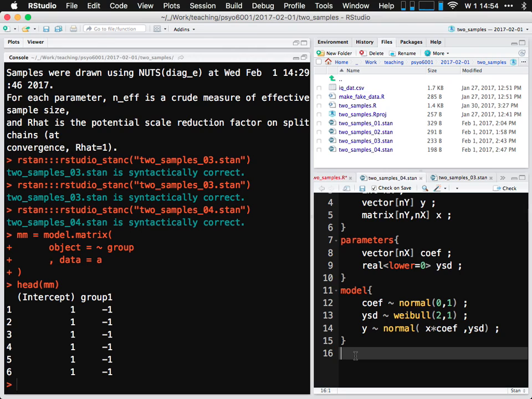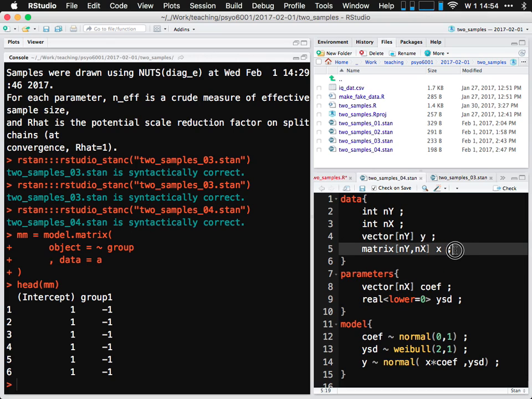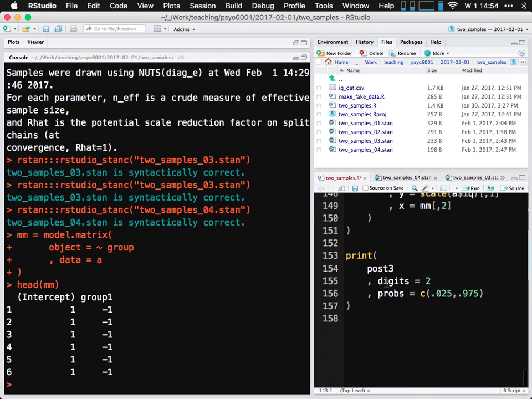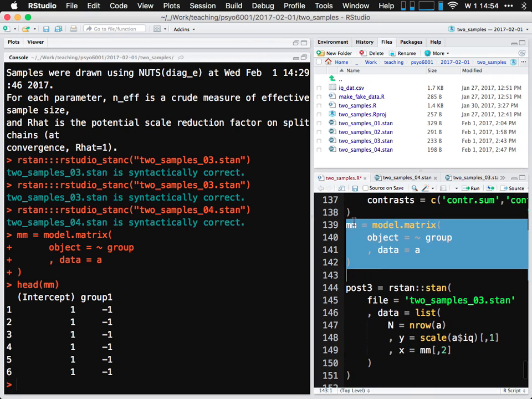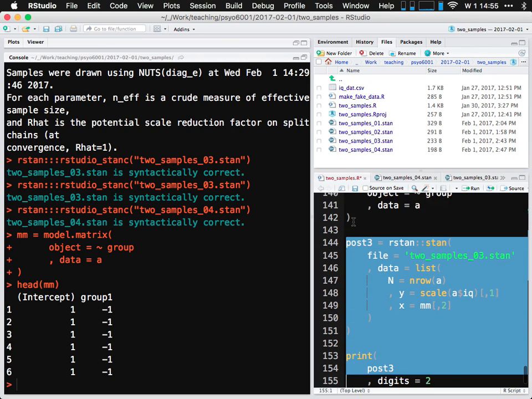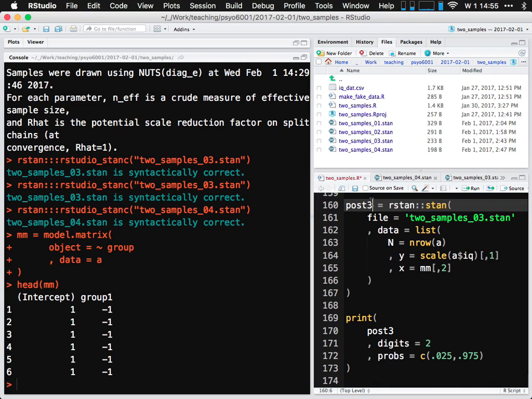Question: this has, in the data section, ny and nx. Are we going to create those? Yep. We've created MM, so we don't need to create that again. So here, post 4, we use 2 samples.